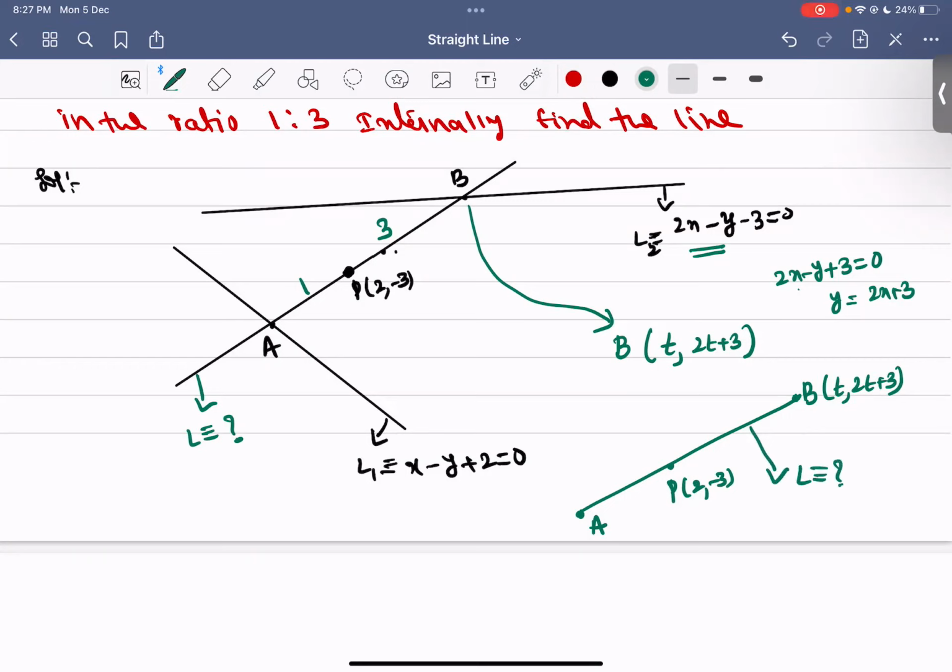So to find the line equation, we have two methods. Method one is, we need to find the coordinates of A.